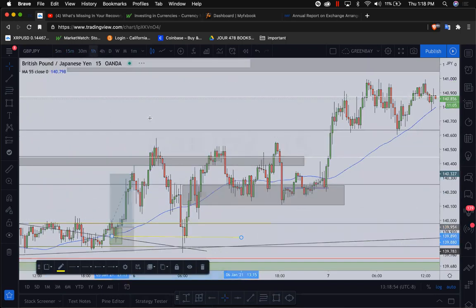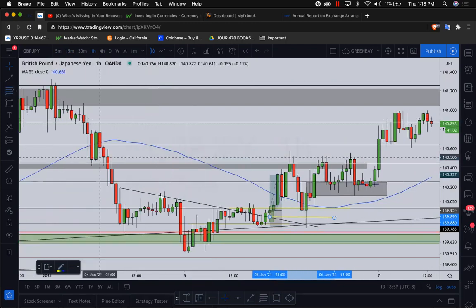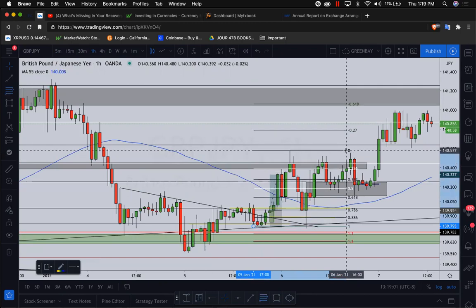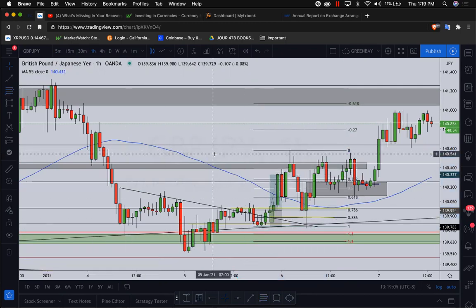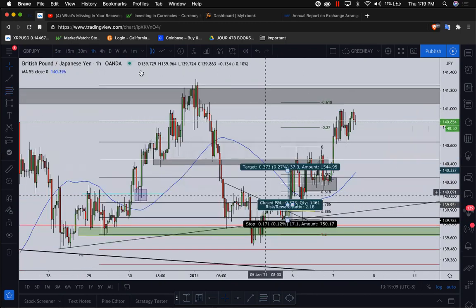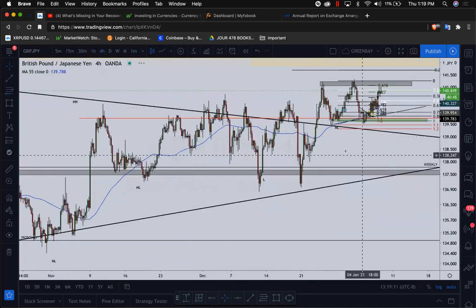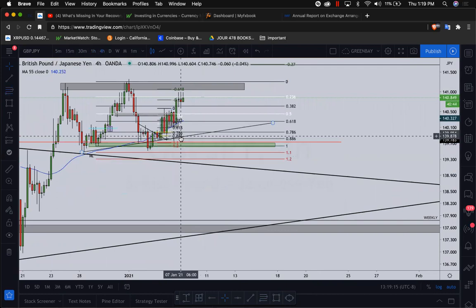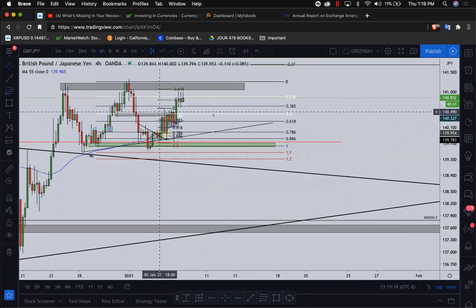I wouldn't say off the 1 hour, but in retrospect to everything in this candle, the trend line that it literally just tapped, and the overall trend line that it's respecting on a higher time frame, such as the 4 hour that you can see right here. This black one right here, and overall it was respecting it.